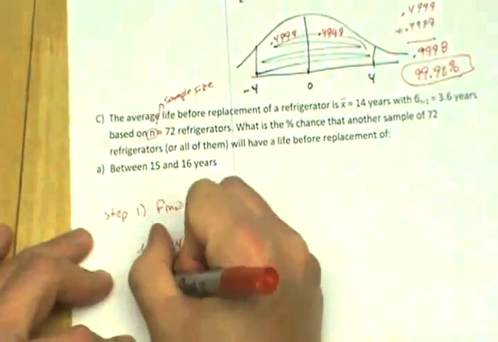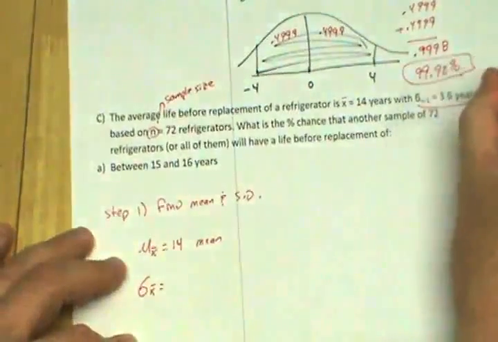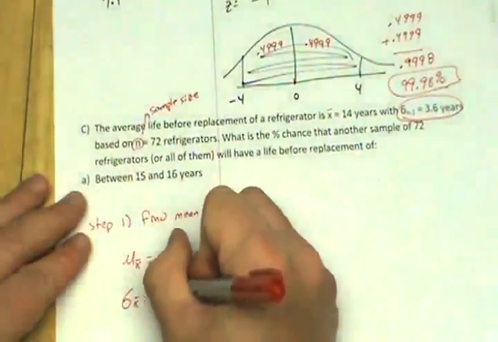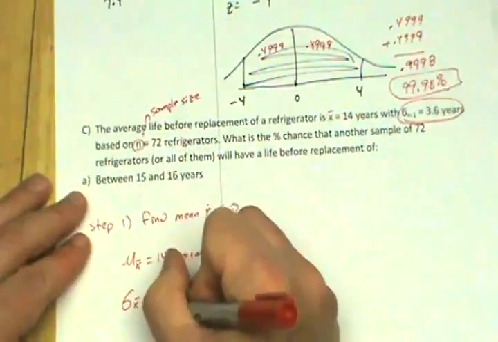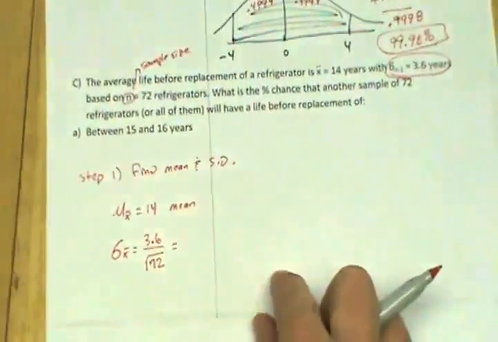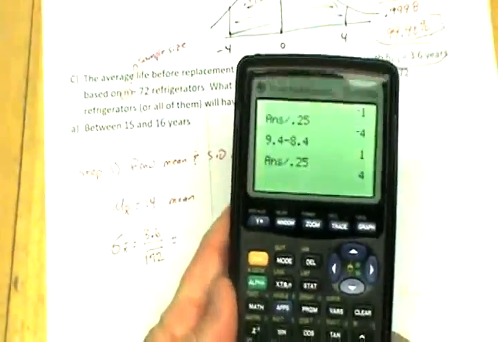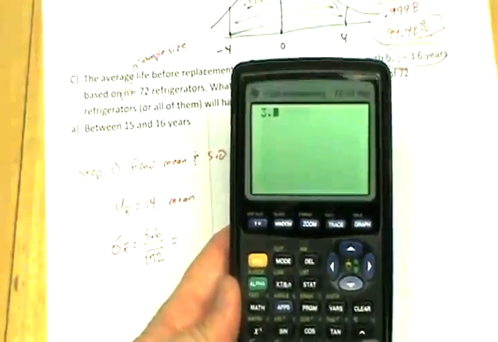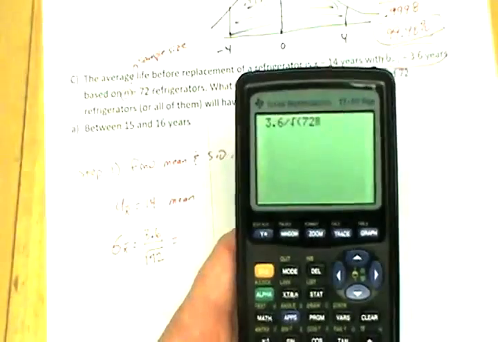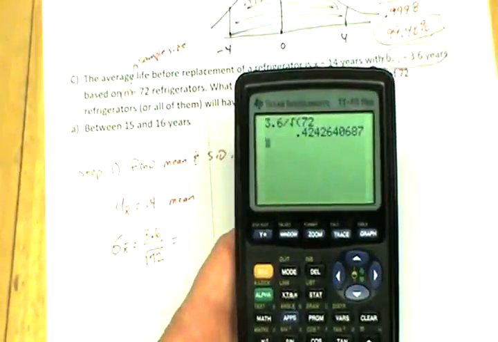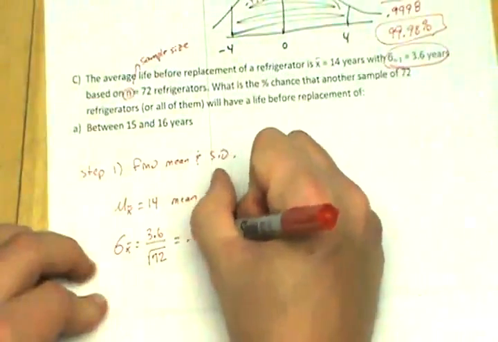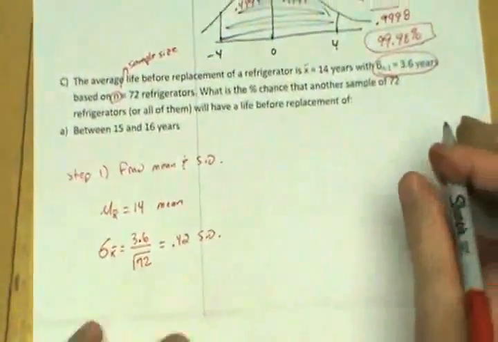And then we need a standard deviation, which is the standard deviation 3.6 divided by the square root of the sample size. And they said the sample was 72 refrigerators. 3.6 divided by radical 72, 0.42. Okay, step 1 is find the mean and standard deviation.